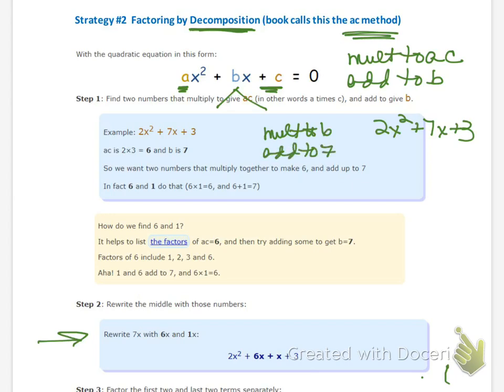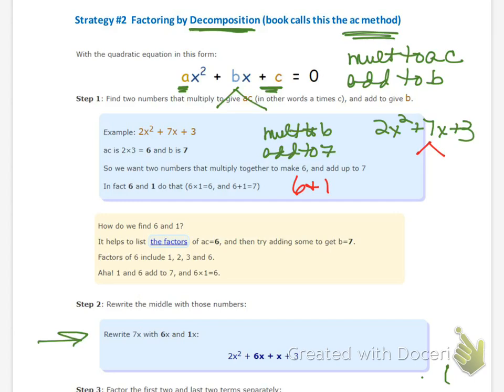So decomposition is our mission, and I'm going to decompose the middle term. So that's the linear term. So what two numbers multiply to 6 and add to 7? 6 and 1 would be our bingo.